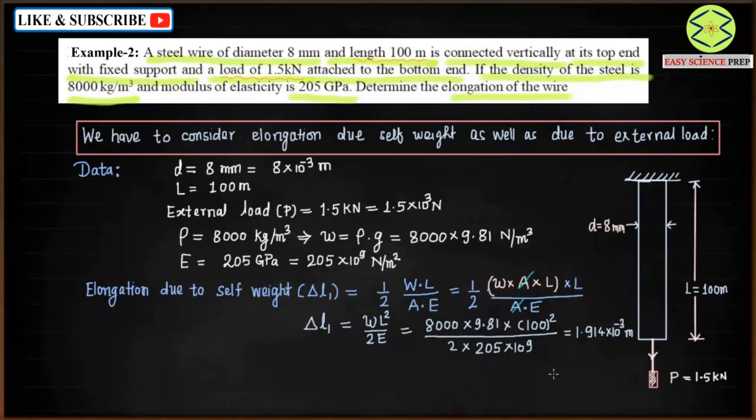Next we'll find the elongation due to external load. Let's do it. I'm calling that delta L2. It is nothing but load into length divided by area into E, so let us put in the values.